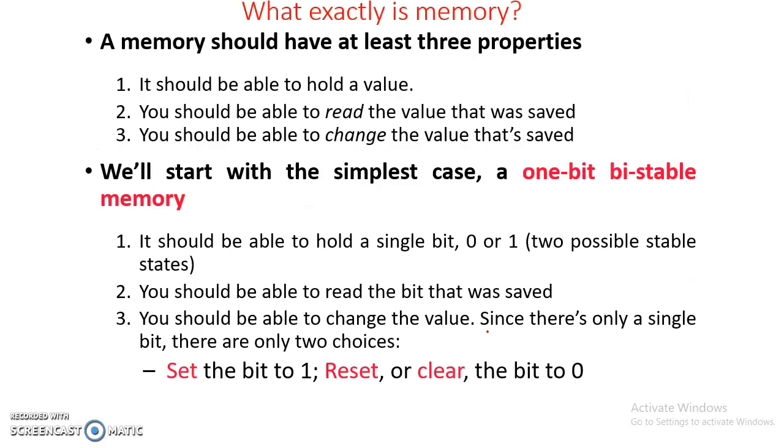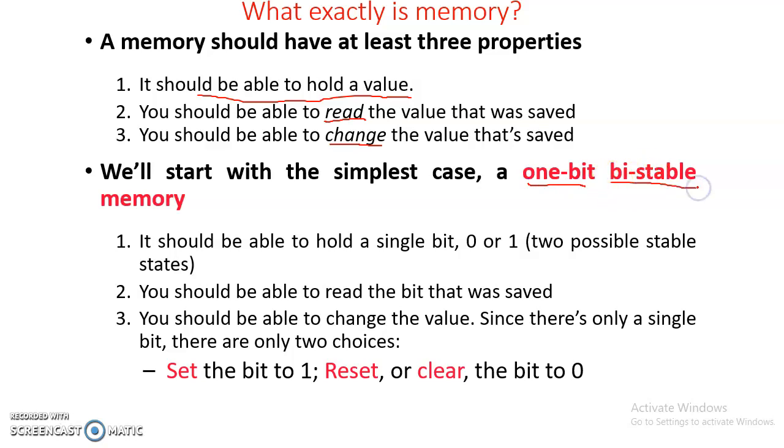Now what is memory? If I define memory, it should have three properties. It should be able to hold a value, first of all. It should be able to read the value, and the value whatever is stored should be able to change. These are the three characteristics we look for in a memory. The flip-flop which we are using is a 1-bit bistable memory.